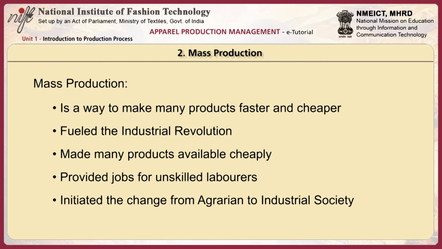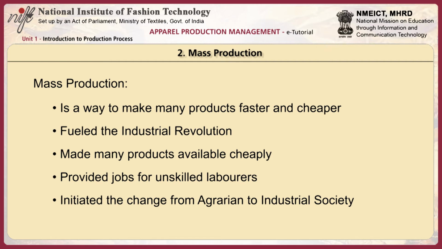Mass production is a way to make many products faster and cheaper. Mass production fueled the Industrial Revolution. It has made many products available cheaply. Mass production has provided jobs for unskilled laborers.